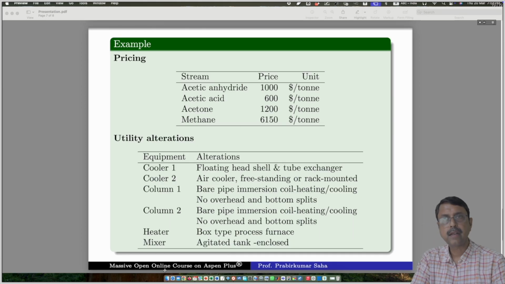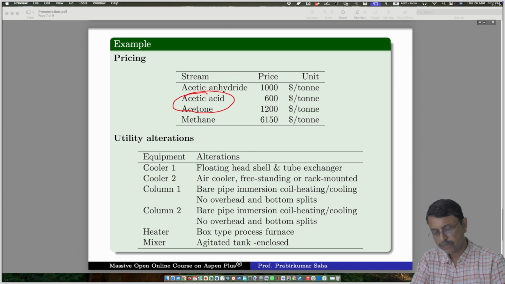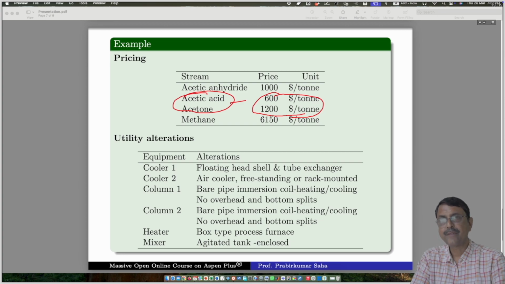Now, as we are looking at costing options, we have to provide some market prices. Okay. For instance, we will procure acetic acid and acetone. We have to supply these to the process, so we have to purchase them. And their cost is $600 per ton for acetic acid and $1,200 per ton for acetone. So this is the money that we have to spend.